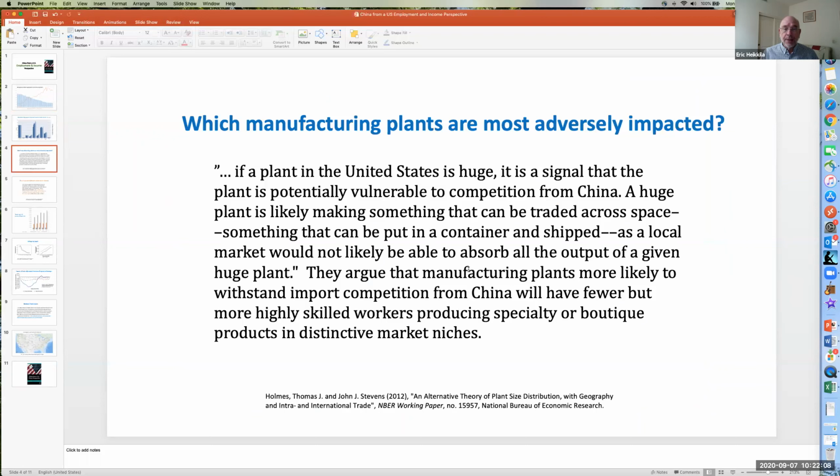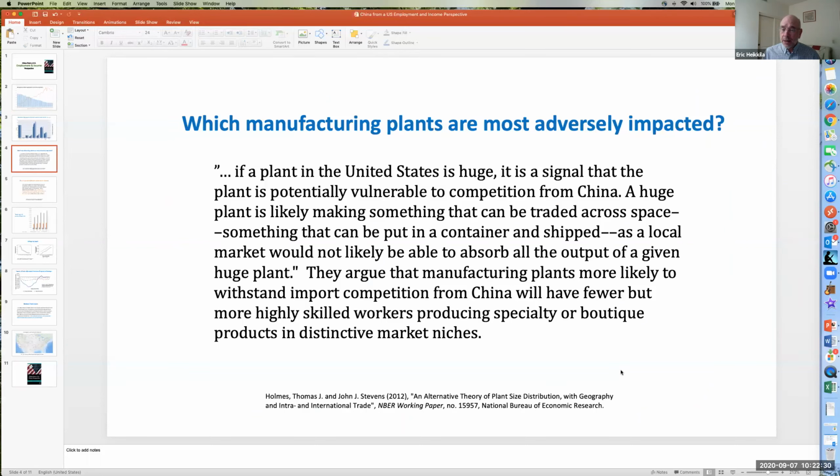As these authors point out, Holmes and Stevens, not all manufacturing plants in the United States are impacted equally by competition from China.